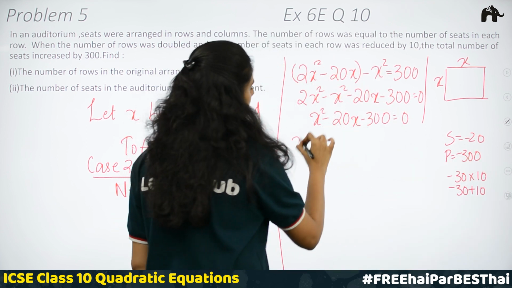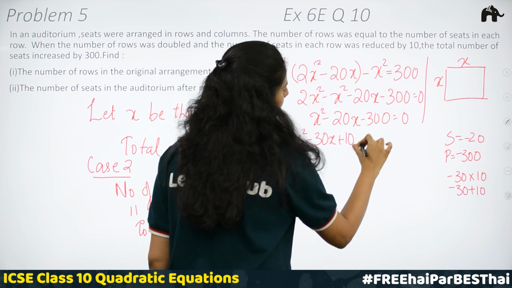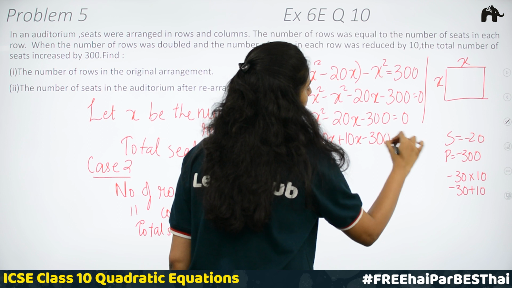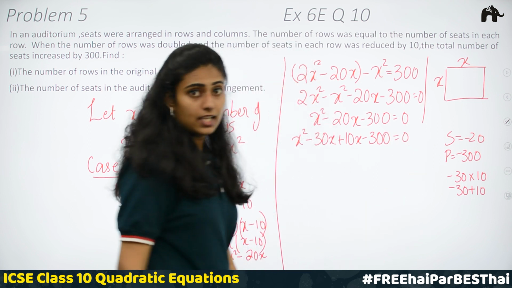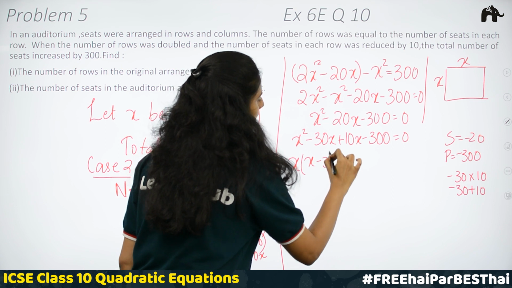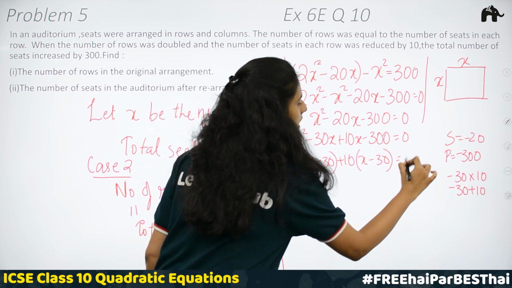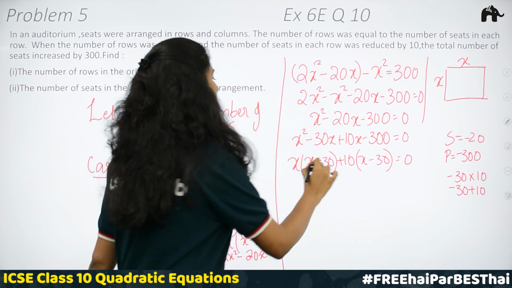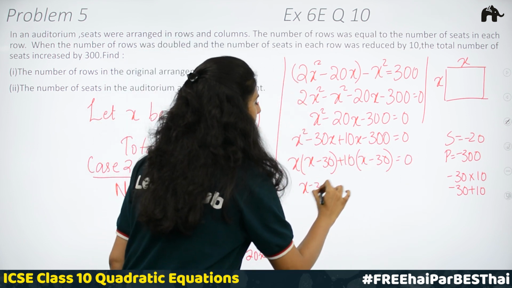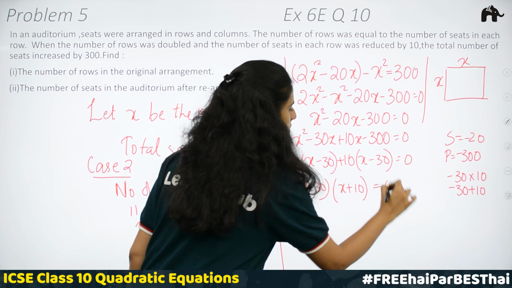So, splitting the middle term, x square minus 30x plus 10x minus 300 is equal to 0. Taking common, x into x minus 30 plus 10 into x minus 30 is equal to 0. Taking common, x minus 30 into x plus 10 is equal to 0.